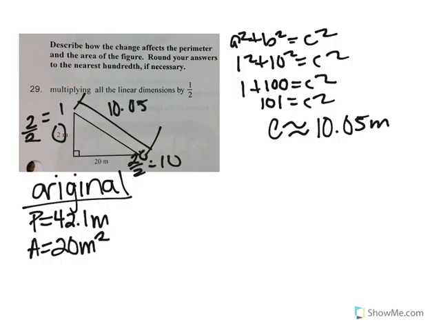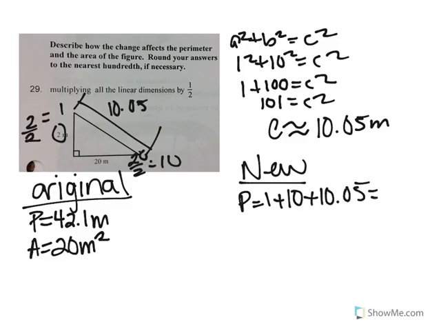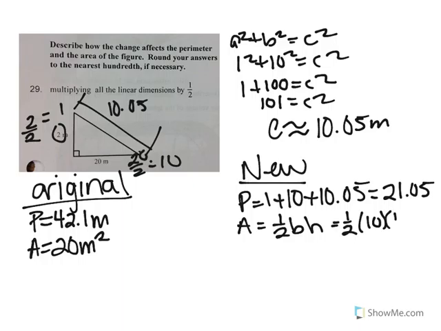So my new perimeter is going to be 1 plus 10 plus 10.05, which is 21.05, and my new area is 1/2 base times height, which is 1/2 10 times 1, which is equal to 5 meters squared.